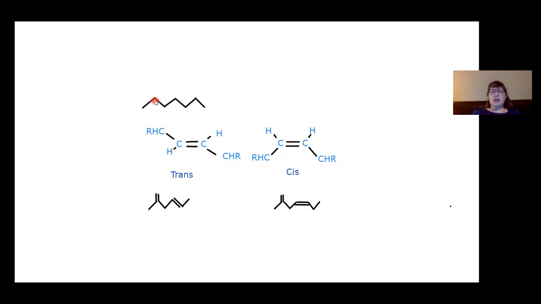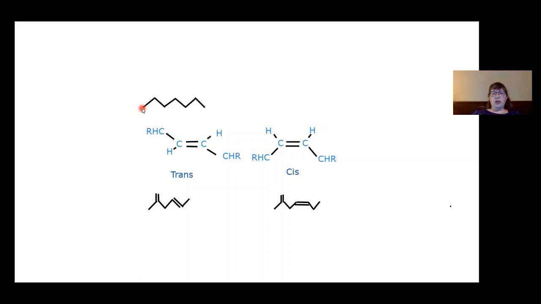But every time there is a corner, like in these middle places here, or at the very ends where there's no letter, that means there's a carbon. So this molecule has 1, 2, 3, 4, 5, 6, 7 carbons. Now, carbon will always bond to 4 things. So each of these carbons where it is not bonded by one of these black lines, all of the other bonds are to hydrogens.